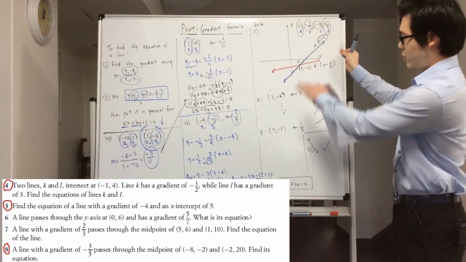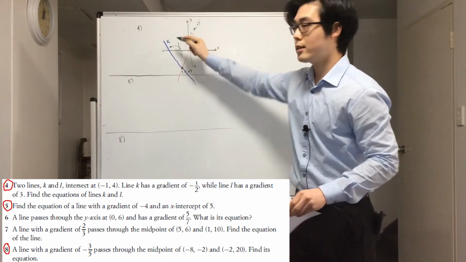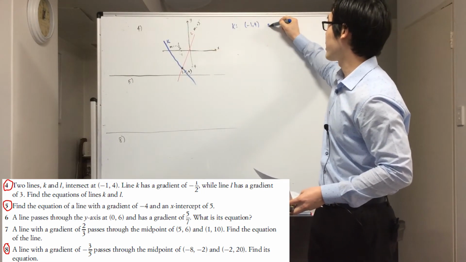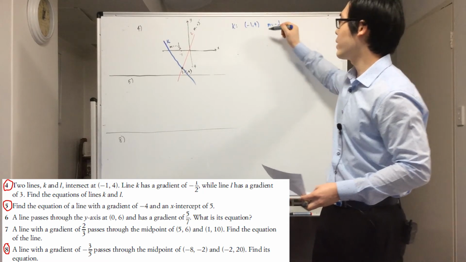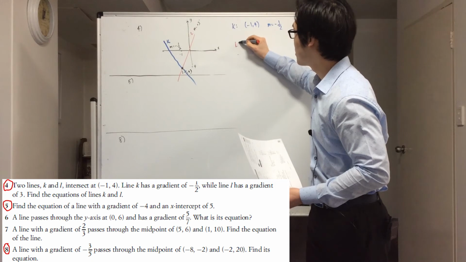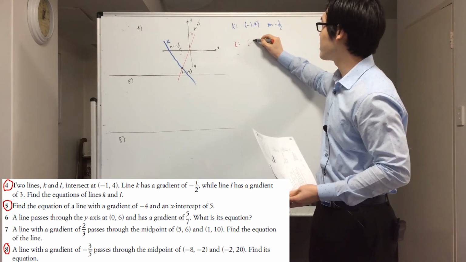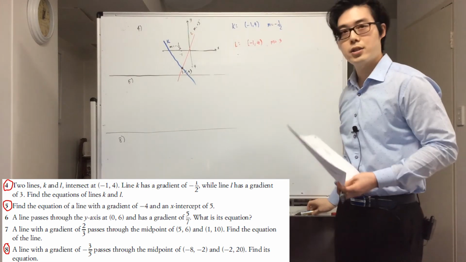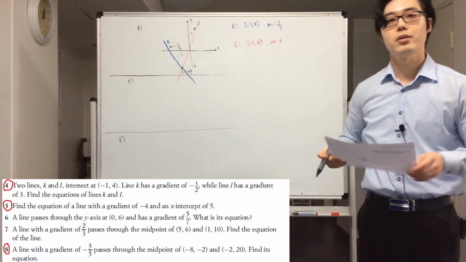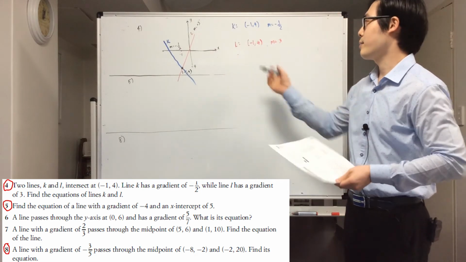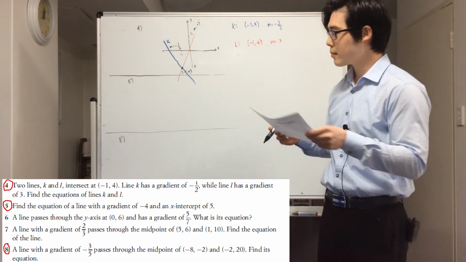Okay, so basically the same thing there. Let's look at K. I'm given the coordinate -1 and 4. I know the gradient is -1/2. Find the equation from there. Yep, same thing for L. Okay, I know the coordinate, once again, is -1 and 4. Okay, find the equation for both of them. That's basically what they want you to do, okay? It's just a bit hard to do if you don't see the diagram. You don't have to draw the diagram, I just want to show you what the question meant.